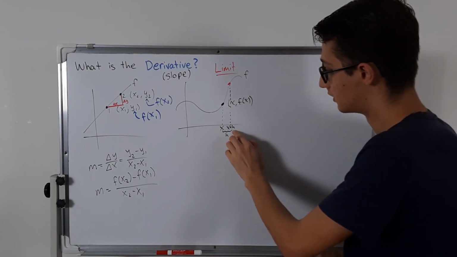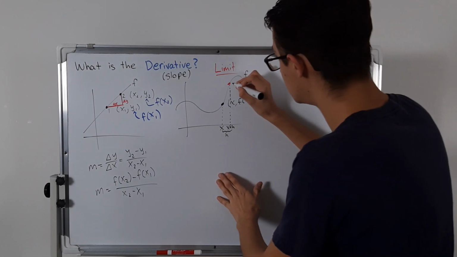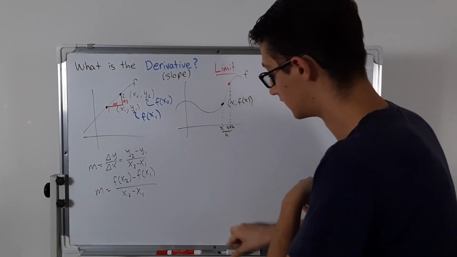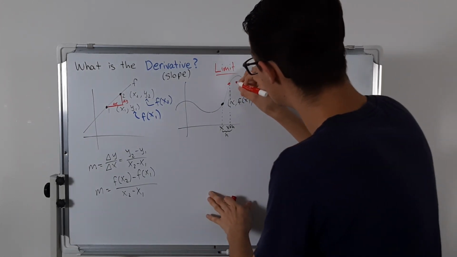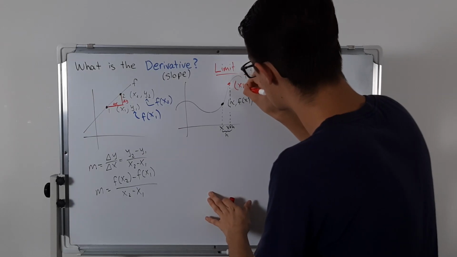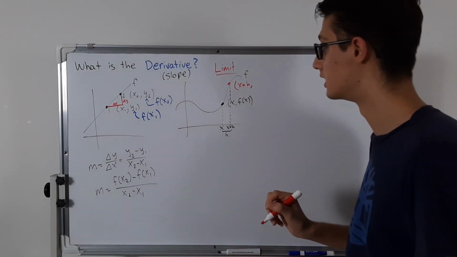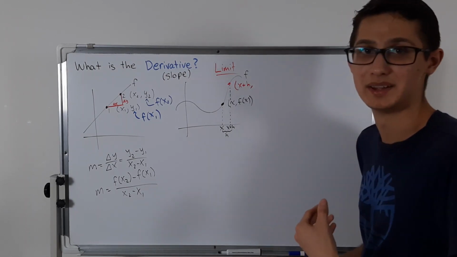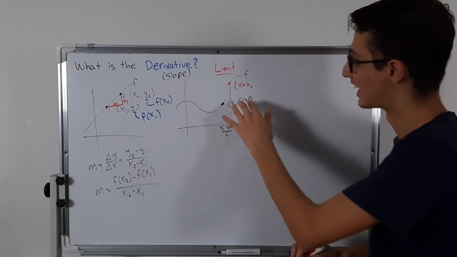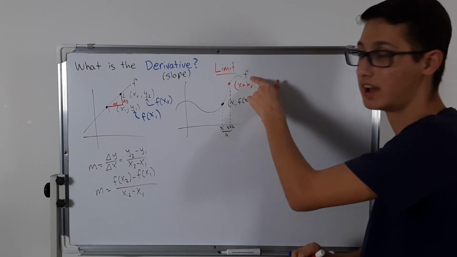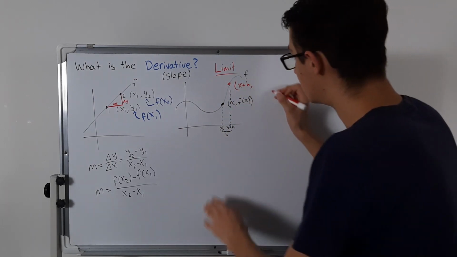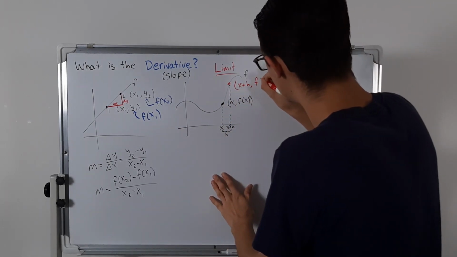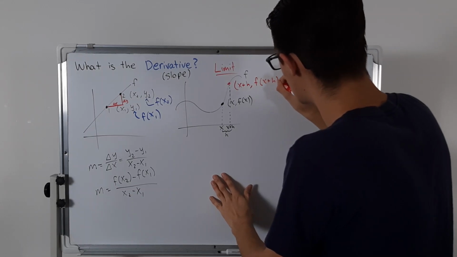So this is x and this is x plus h, so we know part of our coordinate: our x coordinate is x plus h for our red point, and what's our y coordinate going to be? Well, it's going to be the function f evaluated at x plus h. So it's going to be f of x plus h.